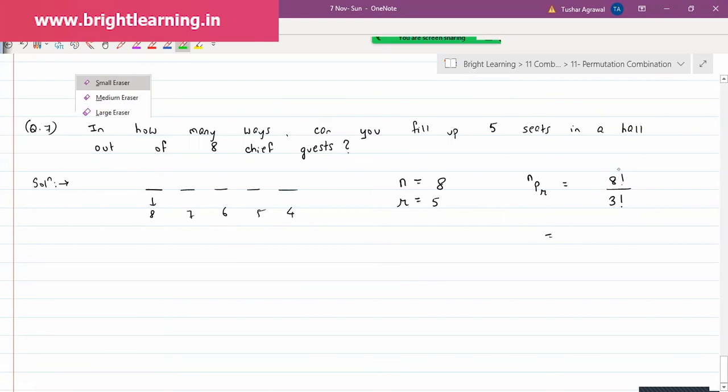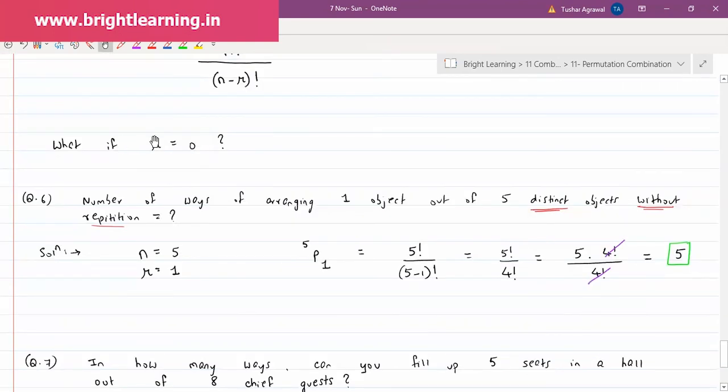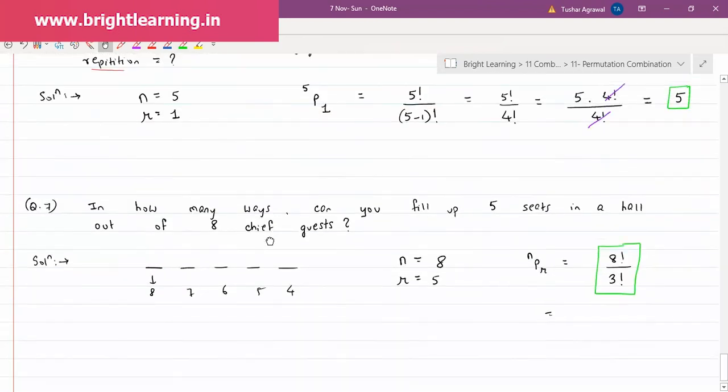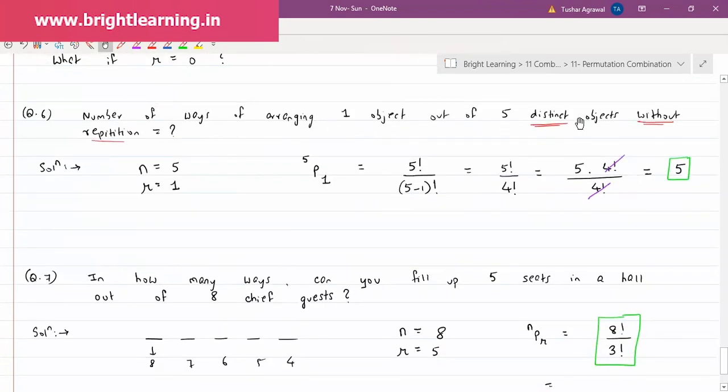Now, coming to our original question, I have to explain the 0 factorial result. What if R equals 0? Out of 5 distinct objects, the number of ways of arranging one object is, let's say, 5.